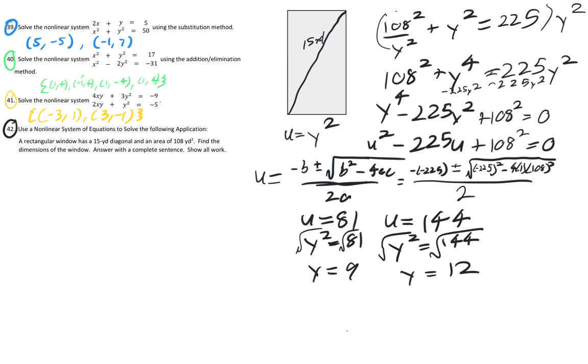But just to check, we're going to go back to our equation of x squared plus y squared equals 15 squared. Try it with 9 for y to make sure we get 12 for x. So x squared is equal to 15 squared minus 9 squared. x squared is equal to 144, which makes x equal to 12.